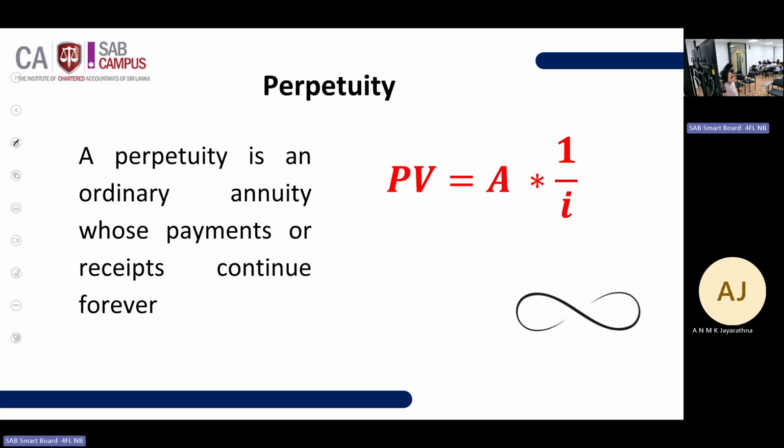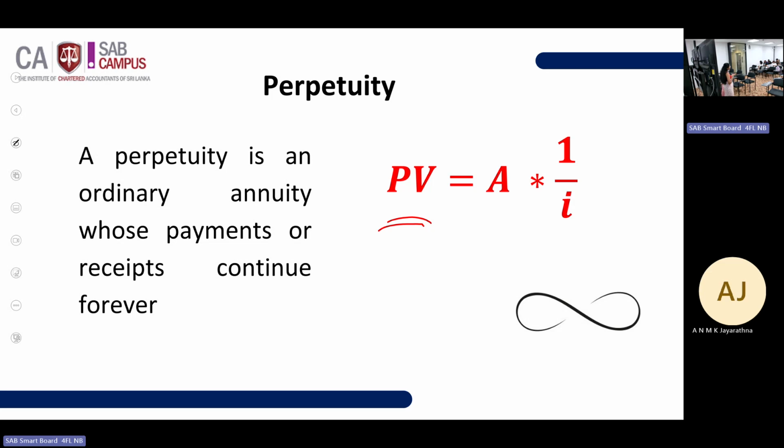If so, can we have a future value of the perpetuity? It doesn't have a time period; we are going to invest for infinity with the same cash flows. Can we calculate the future value? No, you can't.